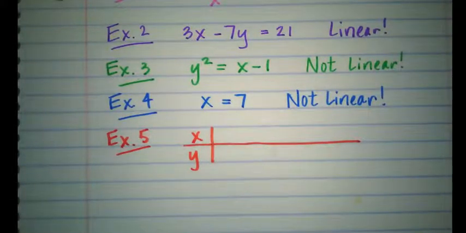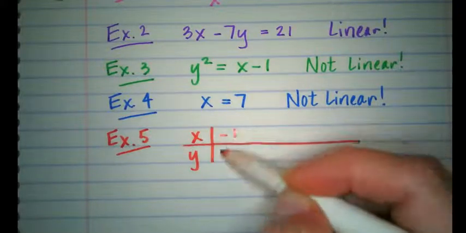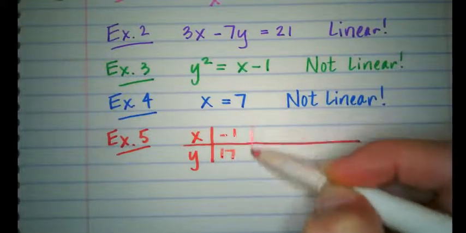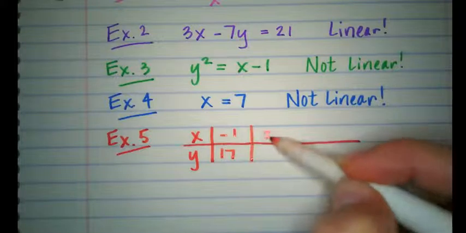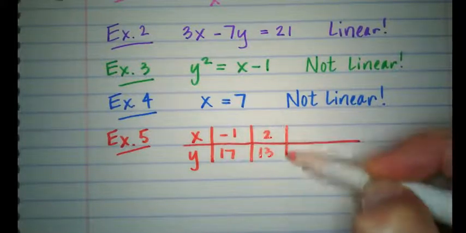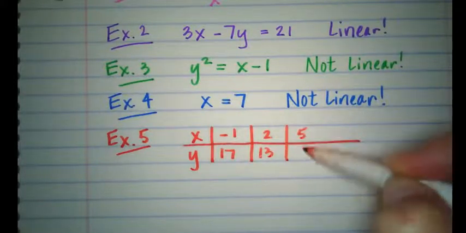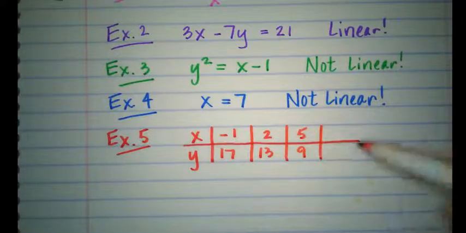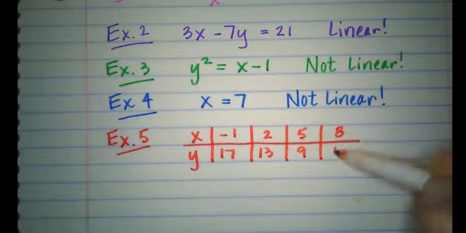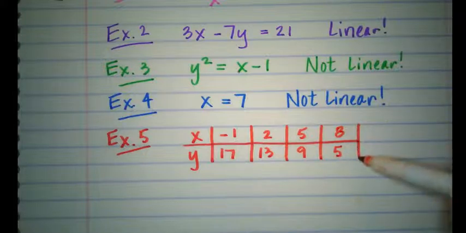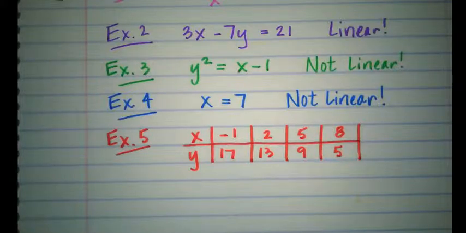Okay, so let's just say (-1, 17) is a point, (2, 13) is a point, (5, 9) is a point, and let's say (8, 5) is a point. And I'm just making these up. So, all right. What happens when we have a table of values is we want to check what's happening from one point to the next.